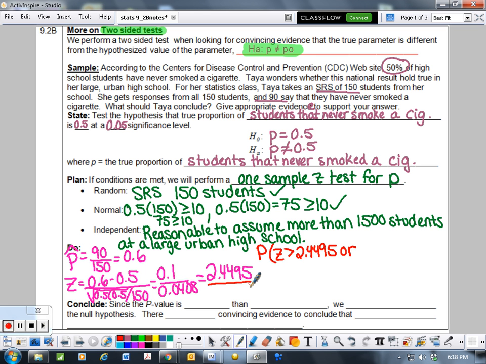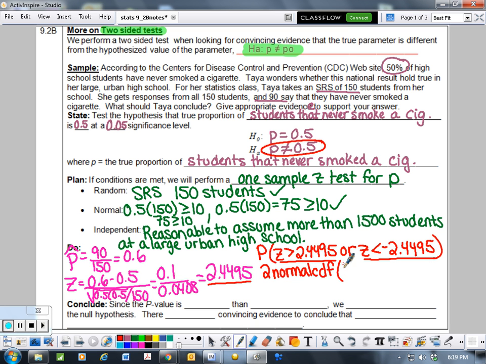But because we weren't sure whether to go high or low, we also have to test that our z-value would be less than negative 2.4495, because with the two-sided test, we have to check both sides. And so how does this end up calculating? Well, I'm just going to do 2 times my normal CDF, because remember this is a standard normal distribution, so the area on this side should be the exact same as the area on this side.